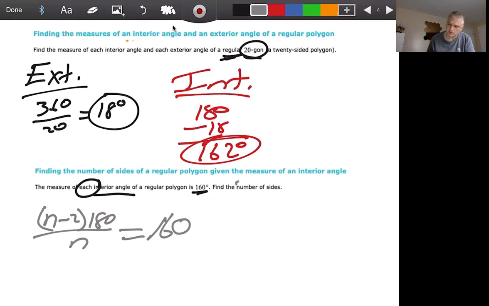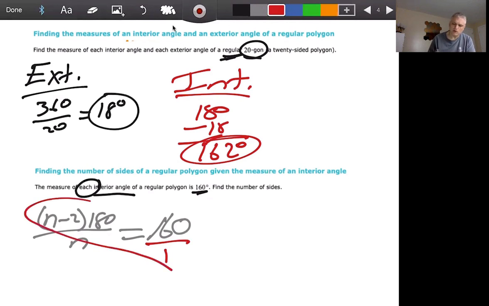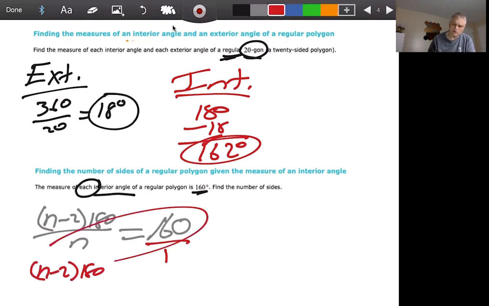They say find the number of sides, that's n. So let's briefly do this. Let's multiply both sides by n. For those of you that like to cross multiply, it's doing this right here. So I'm going to multiply 1 by n minus 2 times 180. Now I'm going to multiply 160 by n.